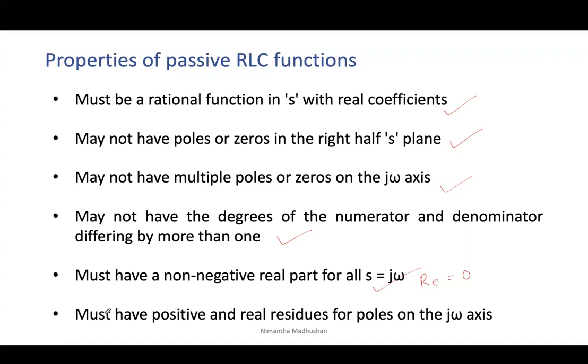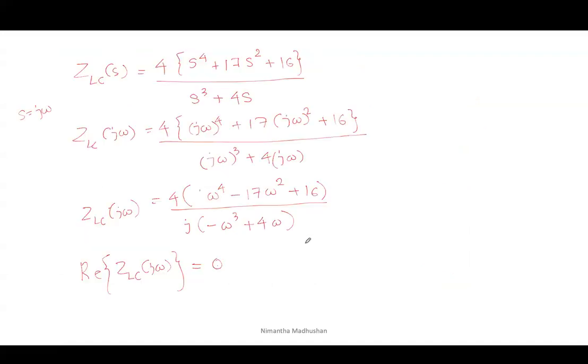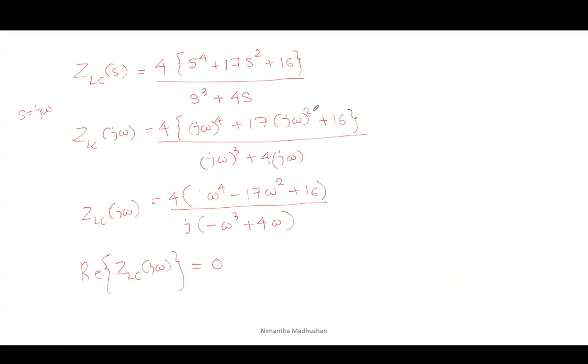And the last one is the sixth one: must have a positive and real residue for poles on the j omega axis. For that one, we have to do the partial fraction expansion for this function. In this function, the degree of the numerator is greater than the degree of the denominator.